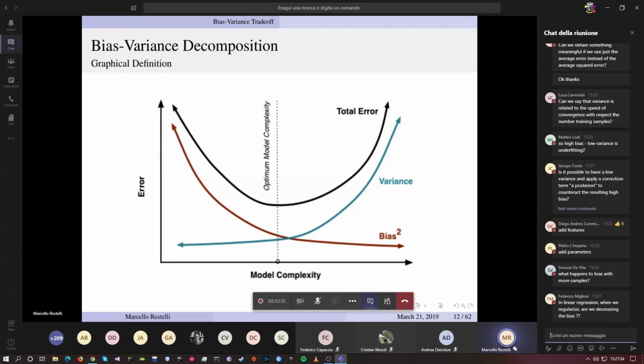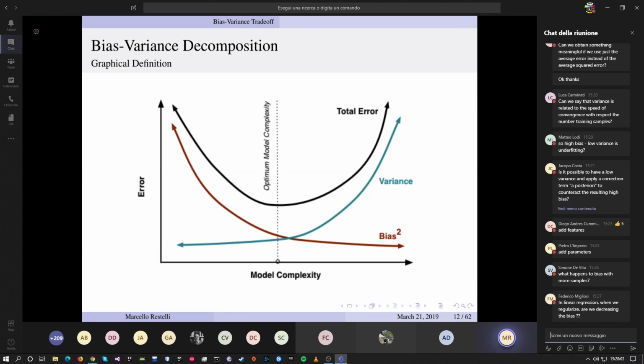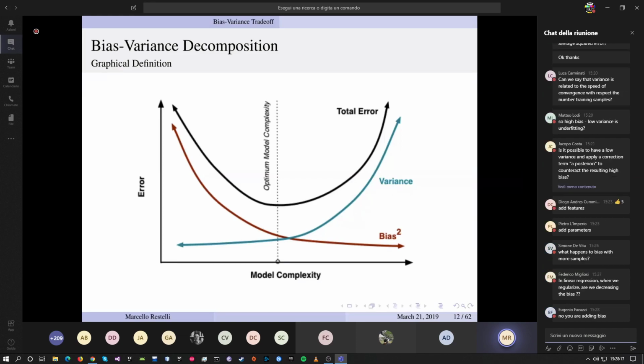We want to minimize the black line. Usually the minimum is not at the extreme points, for very simple or very complex models, but for some model in between. Our goal is to find this compromise, so now we need techniques that allow us to control the model complexity.